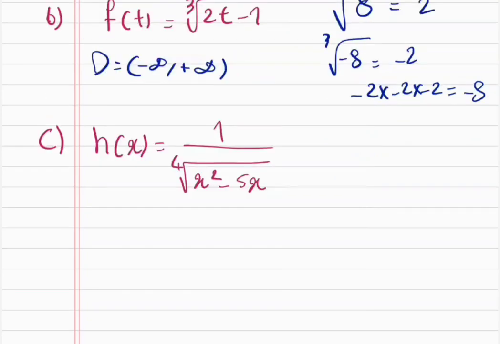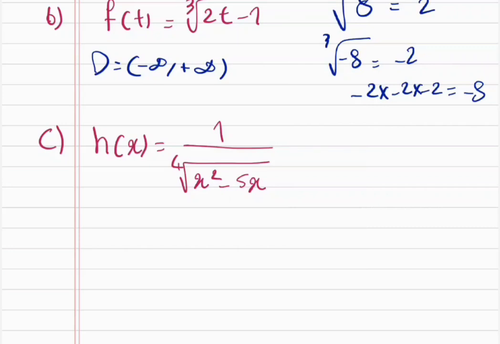Now, the next example, we have h of x, which is equal to 1 over the fourth root of x squared minus 5x. Some of the things I mentioned in the previous example are going to be applied here. This one is interesting again, because this time there are two things that we should take care of.